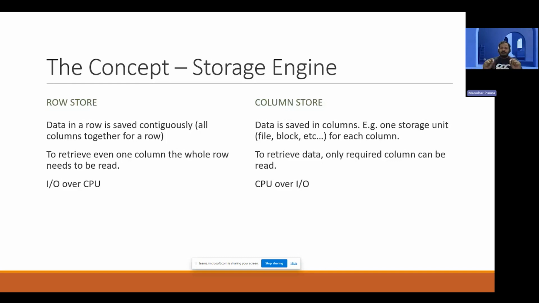There are blocks of data saved in contiguous blocks, and the data is saved in pages. Because the data is saved in rows, a whole row has to be saved together as a contiguous block of data, and they try to put as many rows as possible into a page.